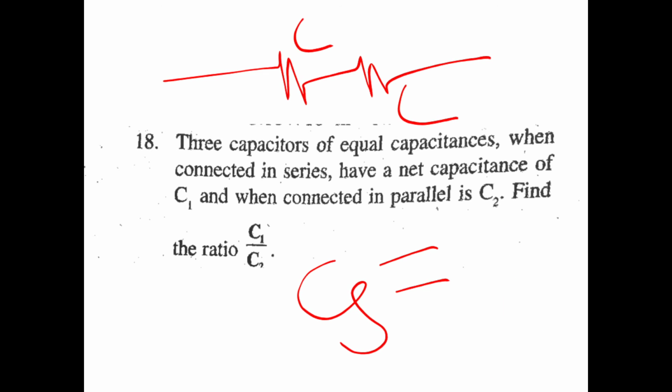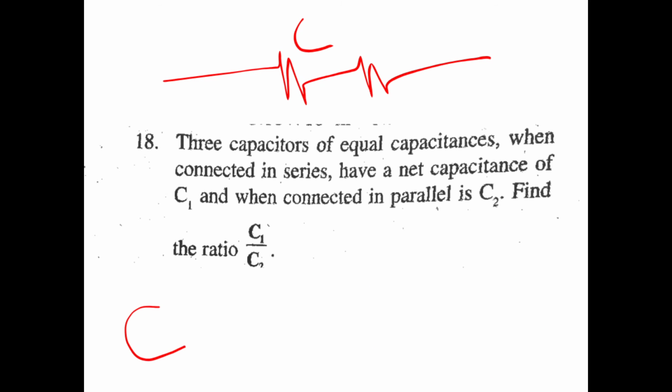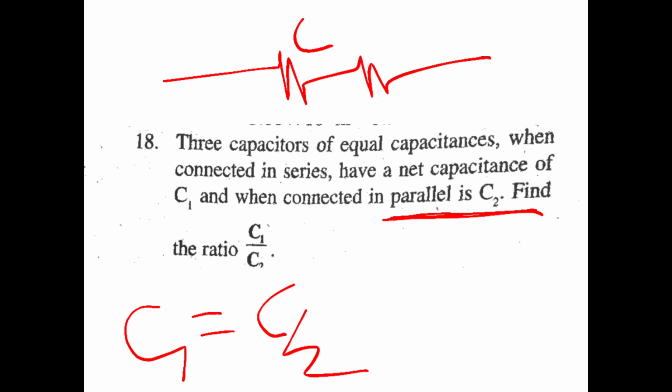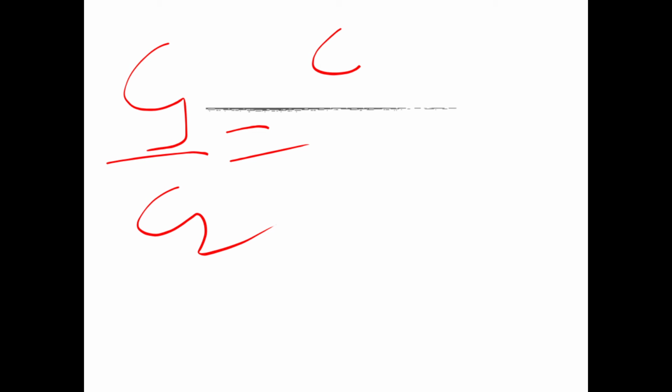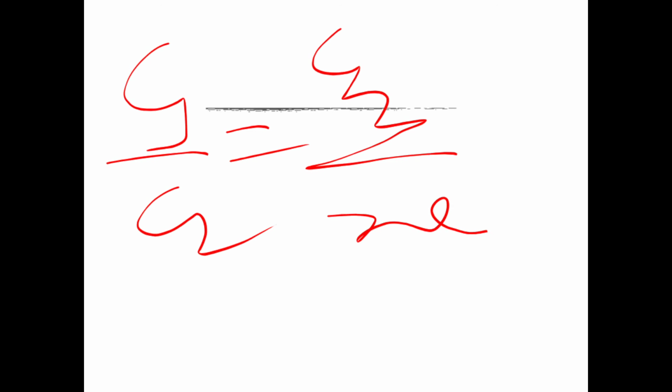That means C1 is equal to C by 2. For parallel, for identical capacitors, Cp is equal to N into C, so 2C. So the ratio C1 by C2 is equal to C by 2 by 2C.